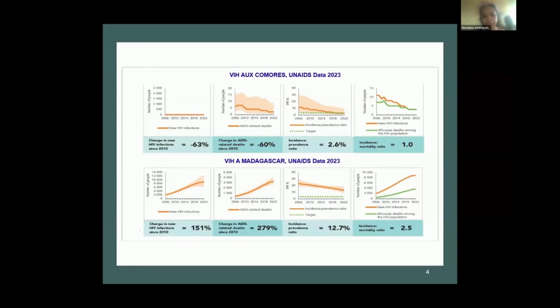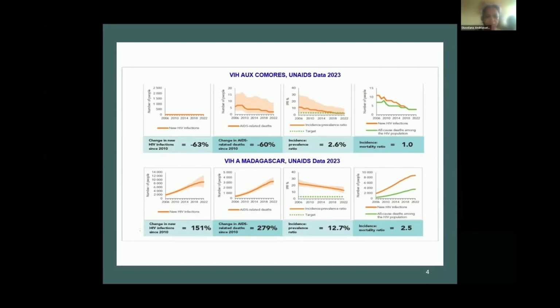We're talking now about HIV, because besides all these challenges about climate change and socio-economic problems, we have also in the last years another big problem, and it is the situation of HIV. If you compare with our neighbor next door, the Comoros, with the UNAIDS data 2023, there is a change in new HIV infections since 2010 of 151%.